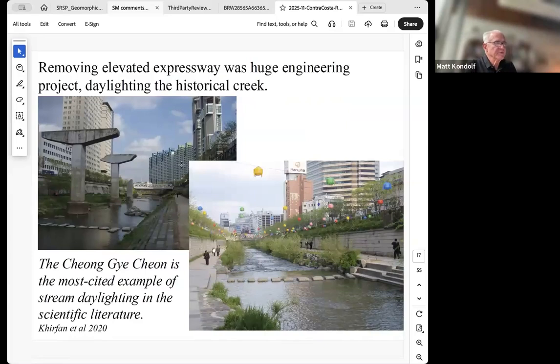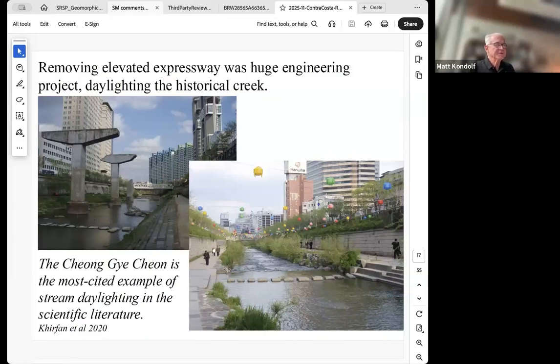And then there was a mayor in Seoul who had this vision to open up the creek, to daylight it, which was a very interesting and successful idea. And here you see the remnants of that elevated expressway, some of the supports that were retained as a historical reminder.